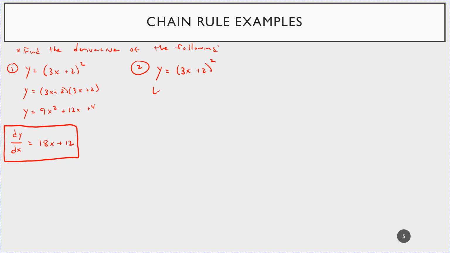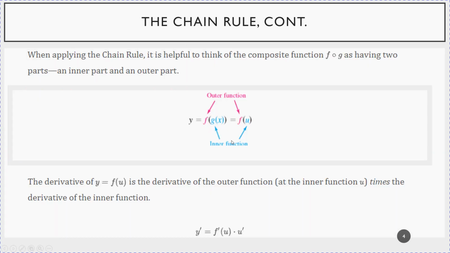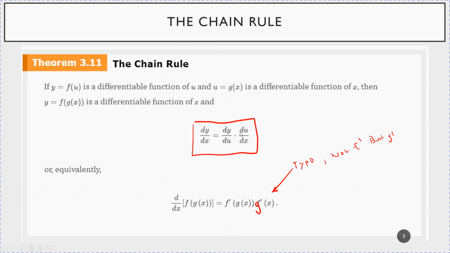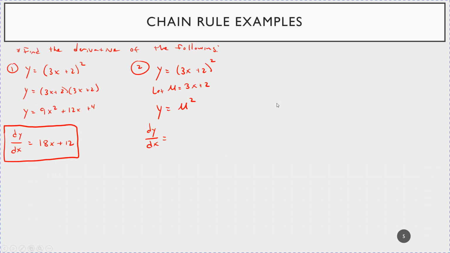So I'm going to let u be equal to 3x + 2. Then that means y is equal to u squared. So dy/dx is equal to dy/du times du/dx.